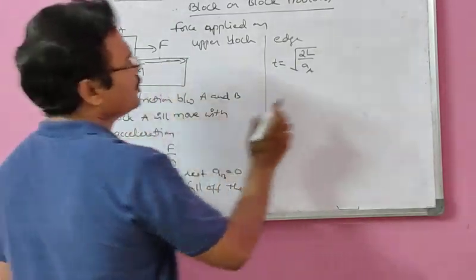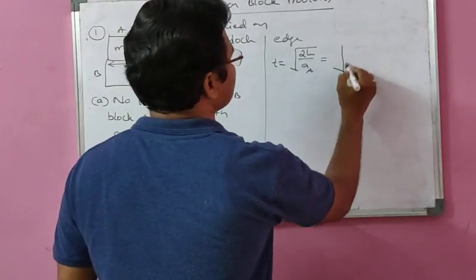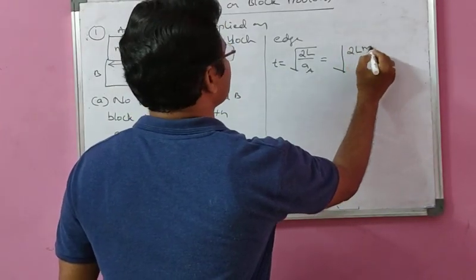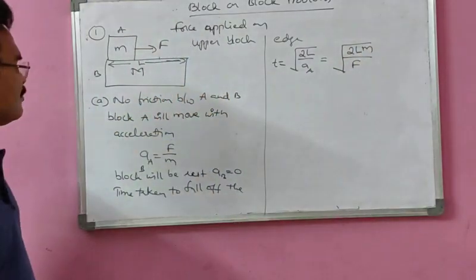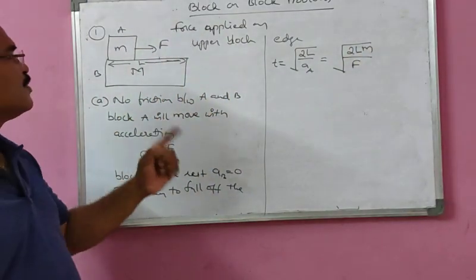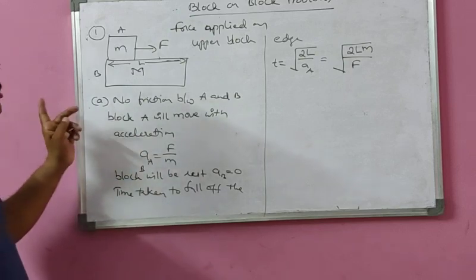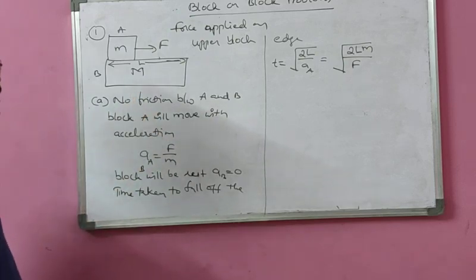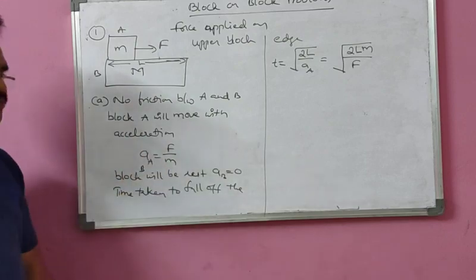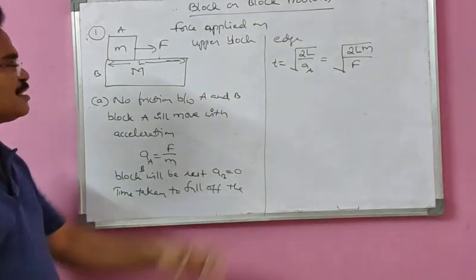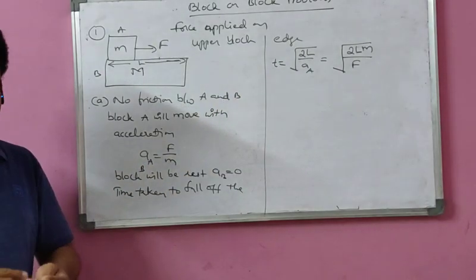Time taken to fall off the edge, t equal to square root of 2L by a. But a here is the acceleration of the upper block, so t equal to square root of 2Lm by F. So this is the first situation, when there is no friction between A and B. Block A moves with acceleration F by m, block B will be at rest, and the time taken will be like this.